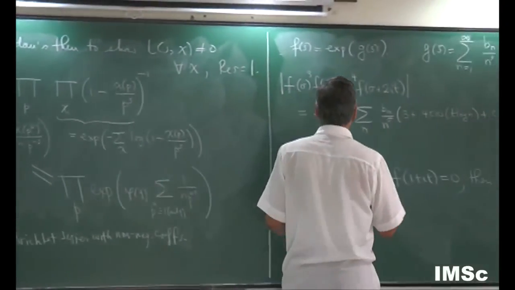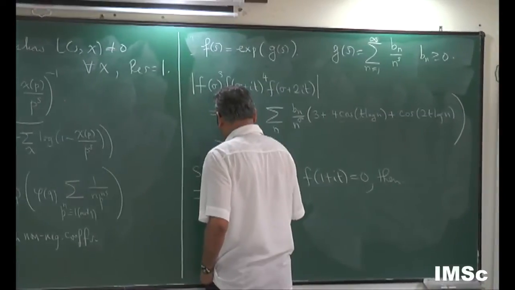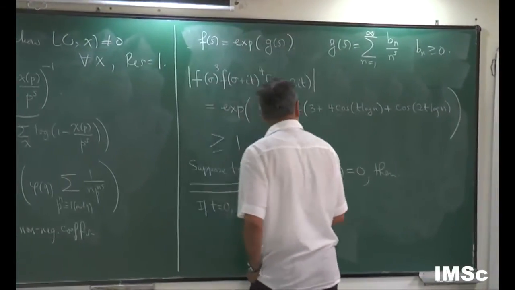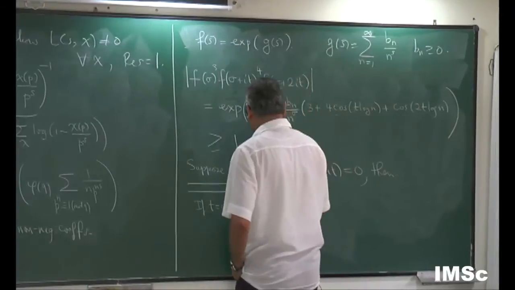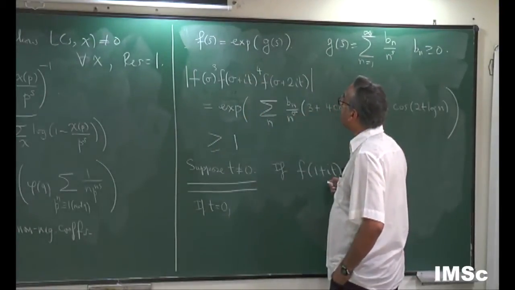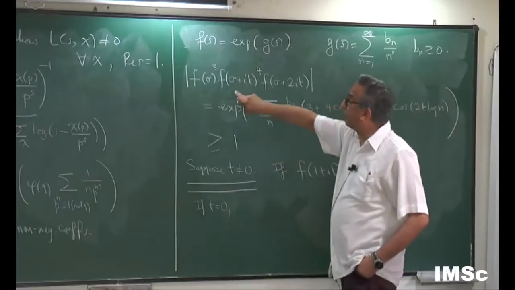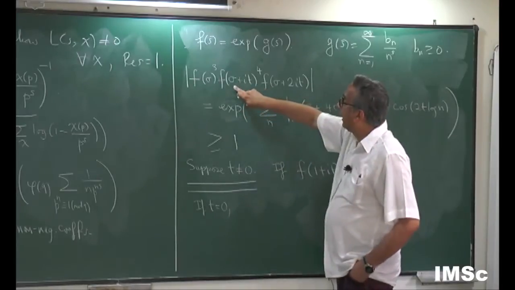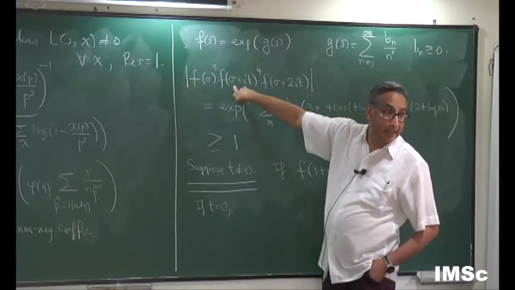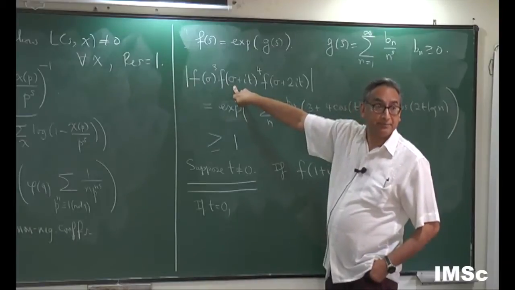If t equals 0, I guess there's a problem, right? Because then I'm looking at f at 1, and that's got a pole again.